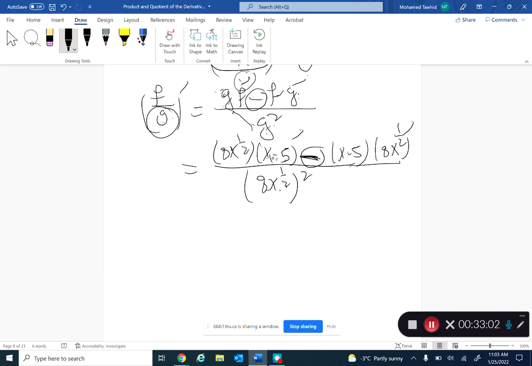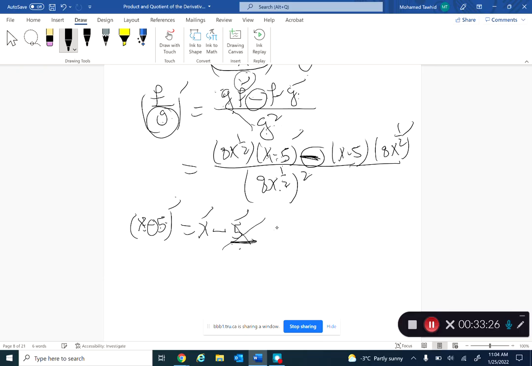So what is the derivative of x minus 5? For those trying to follow me, x minus 5 prime. I take the derivative term by term: the derivative of the first term minus the derivative of the second term. What is 5? A constant. I mentioned the derivative of any constant should be 0.